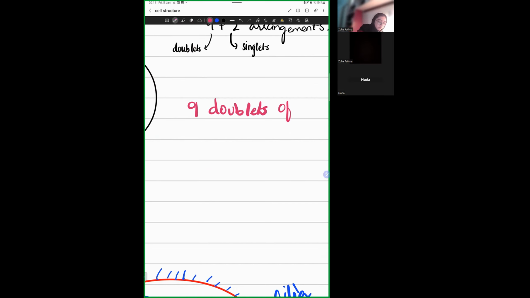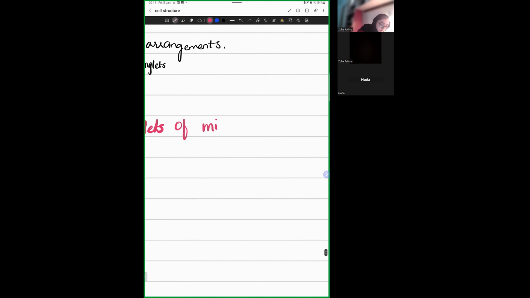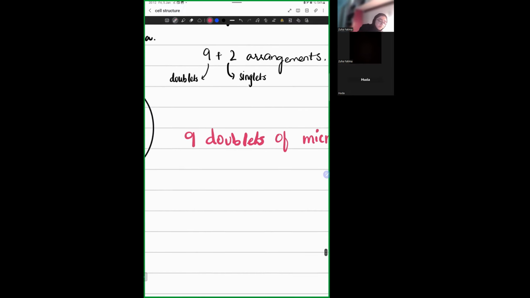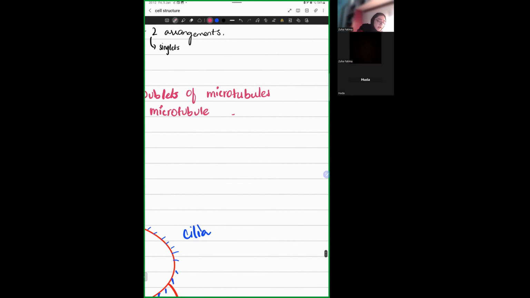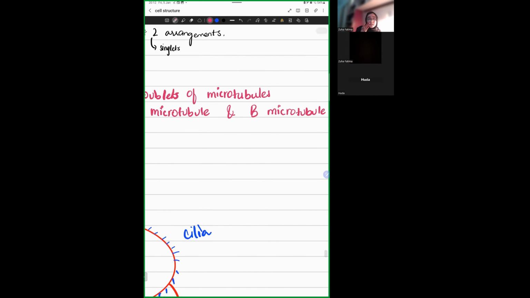of microtubules, and each doublet has an A microtubule, which is basically a complete circle, a complete chain, and a B microtubule. Okay.